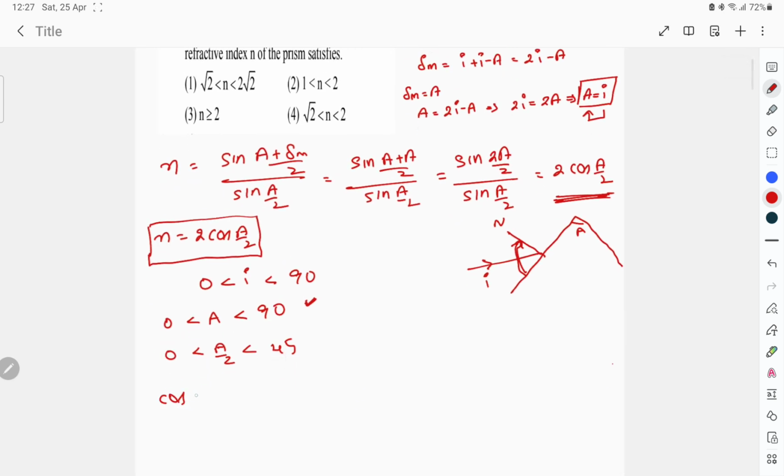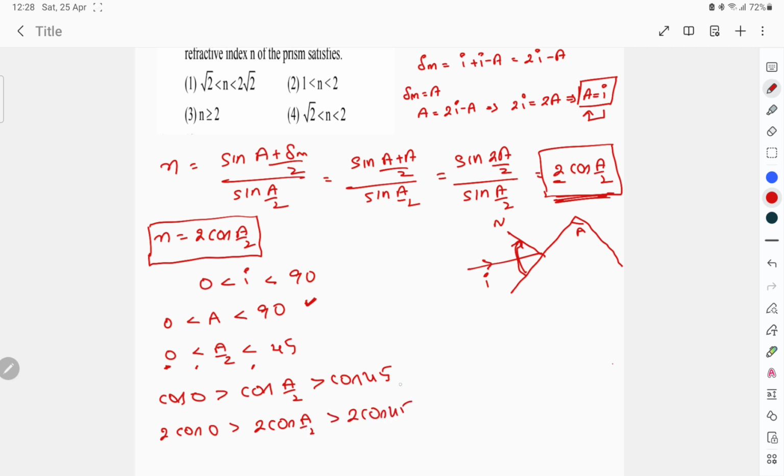Try to understand, when we take cos of 0 it becomes maximum, so the inequality signs will be reversed: cos A by 2, cos 45. Again I am multiplying with 2, because we have 2 cos A by 2 there. That's why 2 cos 0 degrees, 2 cos A by 2, 2 cos 45.